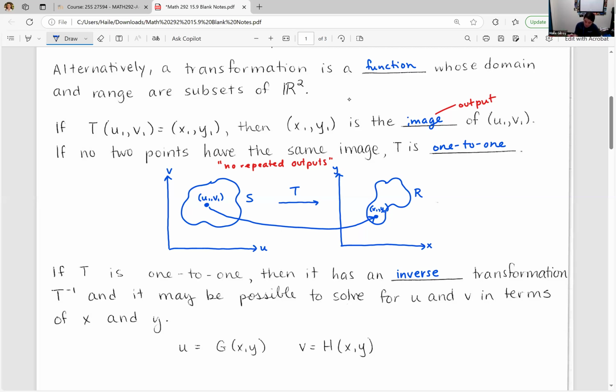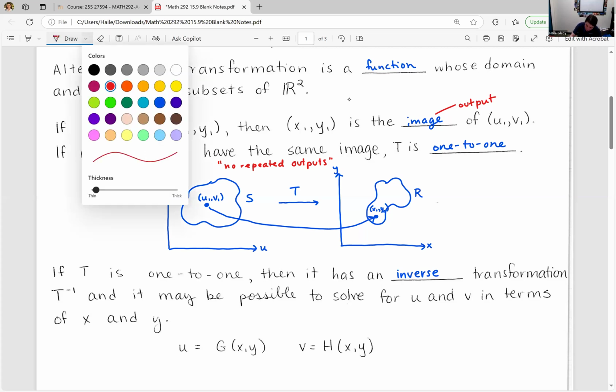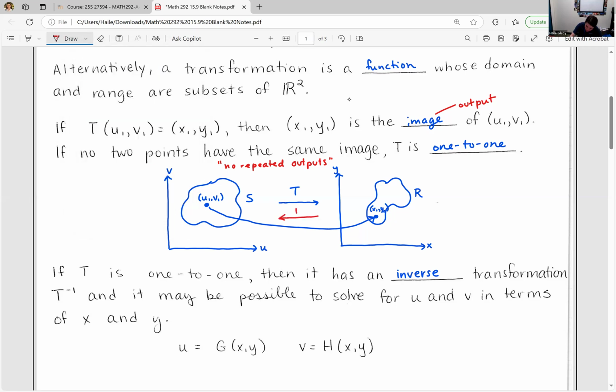So what the inverse function does, I'll do this in red so that it's different. T inverse would take in the point X1, Y1 and output the point U1, V1. Okay, so for an inverse, you're starting with the outputs of the original function, and the inverse function is then giving you the inputs of the original function as outputs.